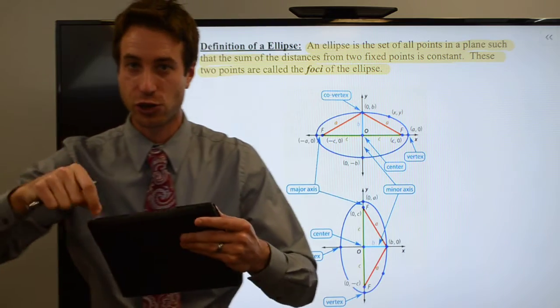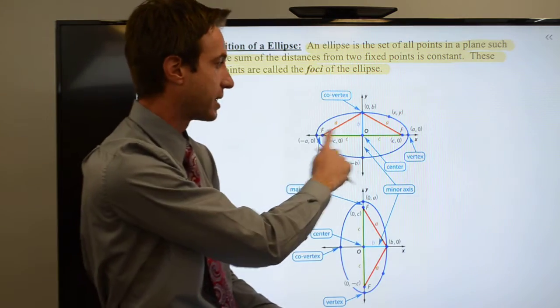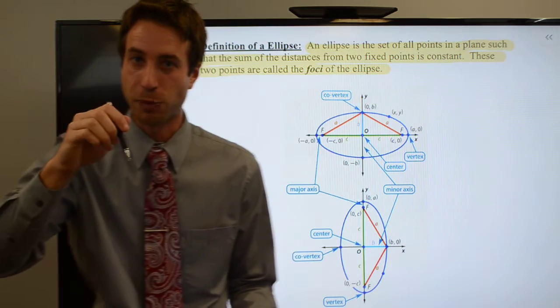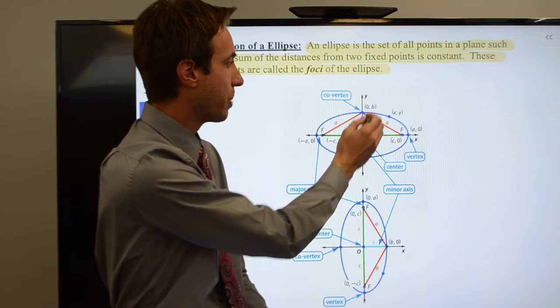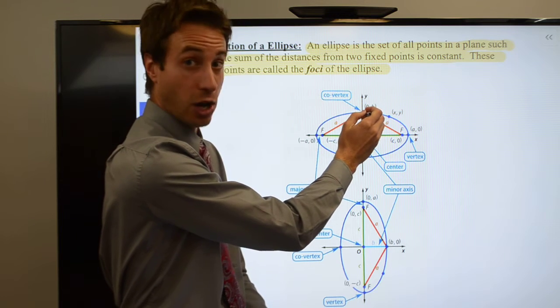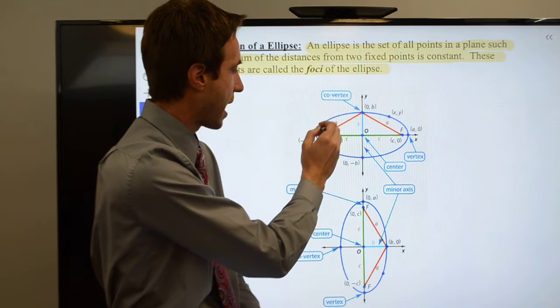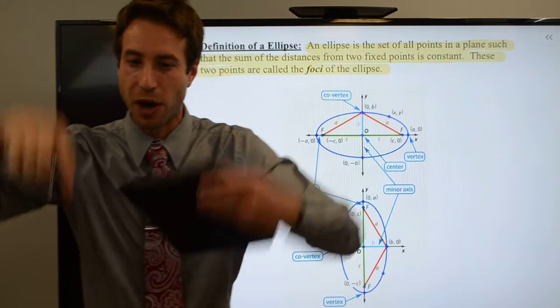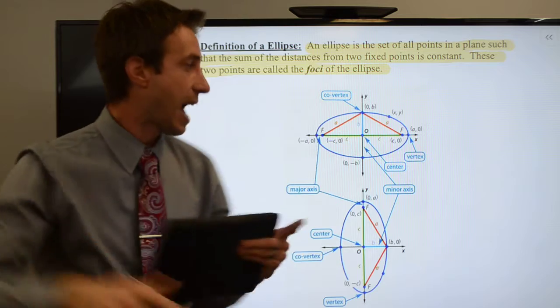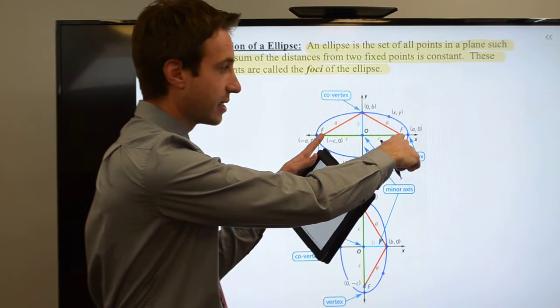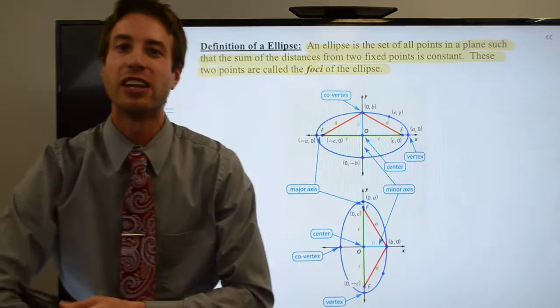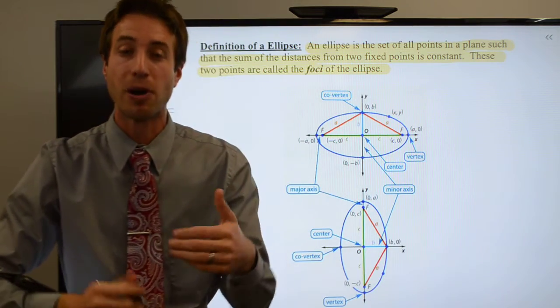So you tie the string between those two thumbtacks, and then you stick your pencil in the string. Run your pencil out so that you pull that string taut, and then run it right around those two foci. The thumbtacks hold the string at the foci, and as you pull the string taut with the pencil and trace it out, you get the shape of an ellipse.